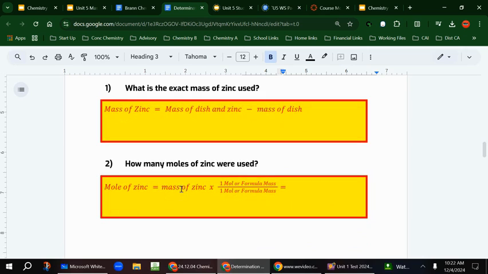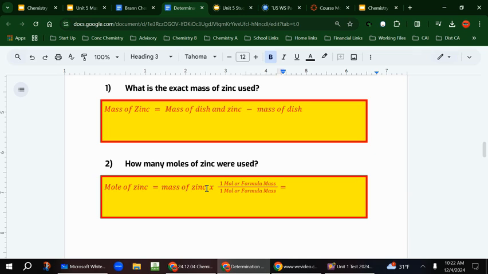Now, to go from mass, what unit is mass going to be in, ladies and gentlemen? What unit? Grams. So, if I want to go from grams to moles, I use what mass? Zinc's what? What do we call it though? We use the formula mass, just like we were doing yesterday, off of the periodic table, correct?